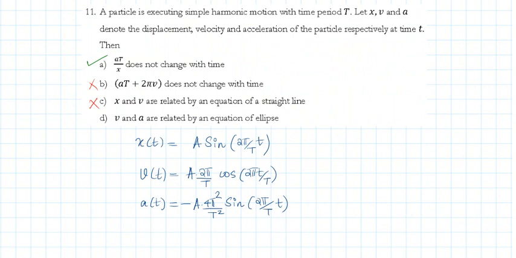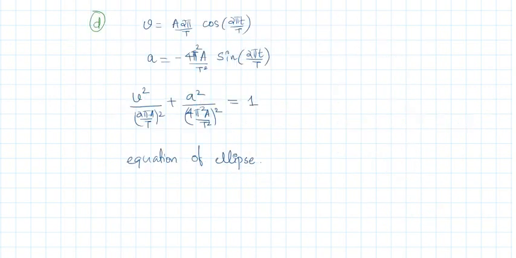Then a relation between v and a. v is A into 2 pi by T cos 2 pi t by T, and acceleration is minus 4 pi square by T square A sin 2 pi t by T. You can take this A 2 pi by T to the left hand side and this minus 4 pi square A by T square to the left hand side.